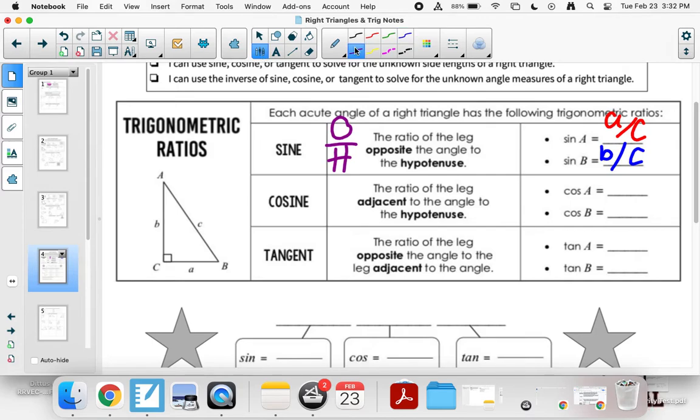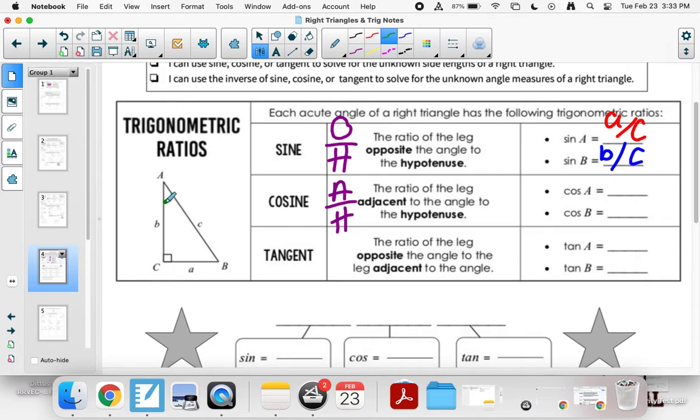With sine, we have cosine. That is, again, a fraction or ratio with the adjacent side, or leg, adjacent over our hypotenuse. Again, the hypotenuse is going to be the same no matter what angle you're looking at. So first, look at the cosine of A, angle A up here. Adjacent means next to, so not opposite.